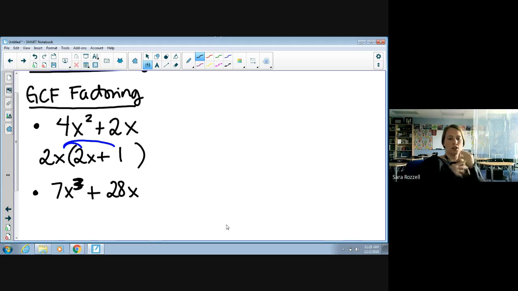So 7x cubed plus 28x. So the first thing you look at is see what's in common with 7 and 28. What goes into 7 and what goes into 28, same thing. And then you pick the lowest power you have for your variable. That's what's going to the front.